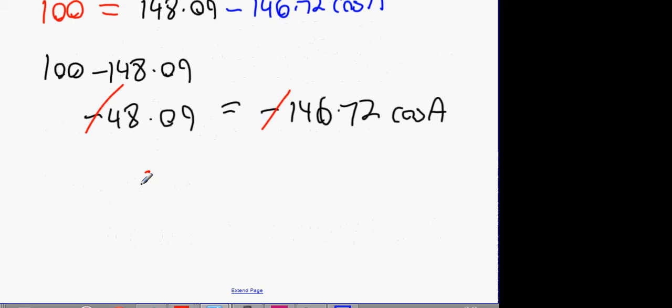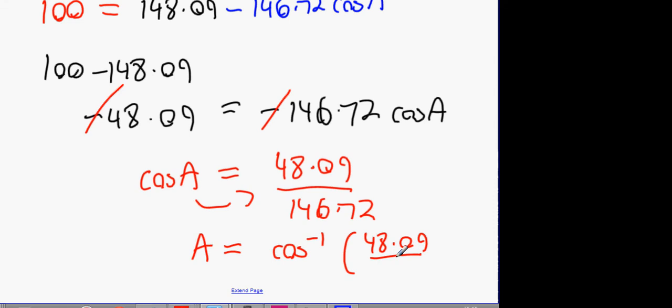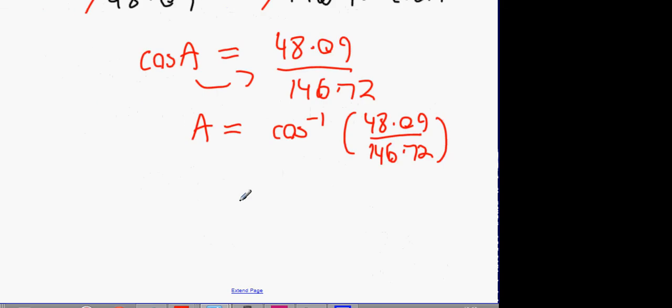Cos A, therefore, is 48.09 divided by 146.72. Put cos inverse of that. What you get? 70.87. That is how you find angles using the cosine rule.